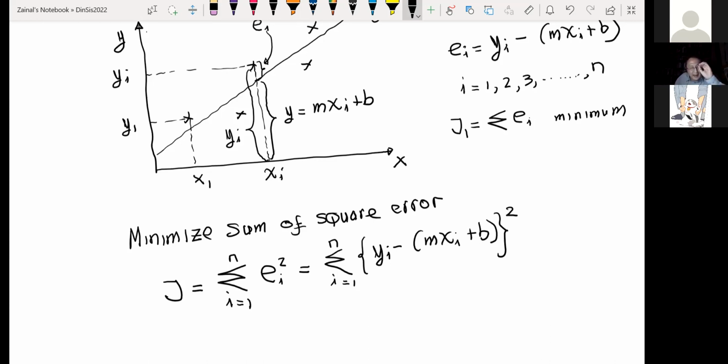You can choose m and b so that J, the sum of square error, is minimum.